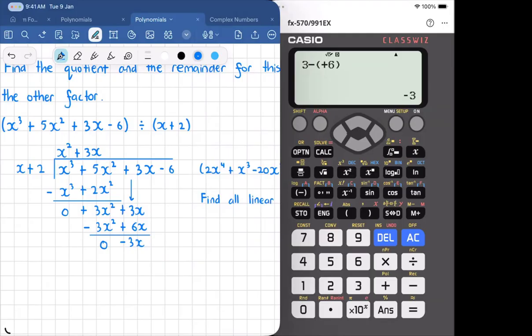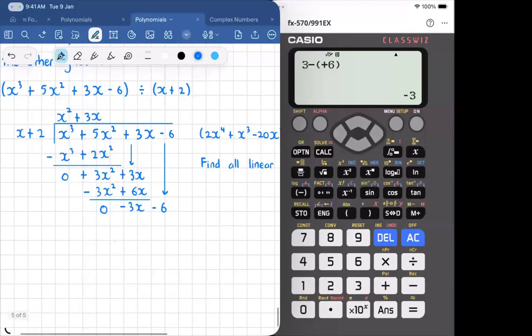Then you take the 3x by the x, which is 3x squared. I should bring down the minus 6. Yes, bring down the 6, and then I'm going to start the division all over again. So watch.